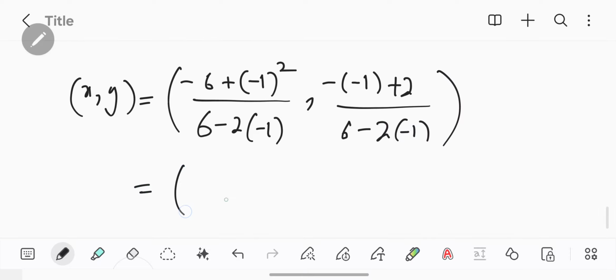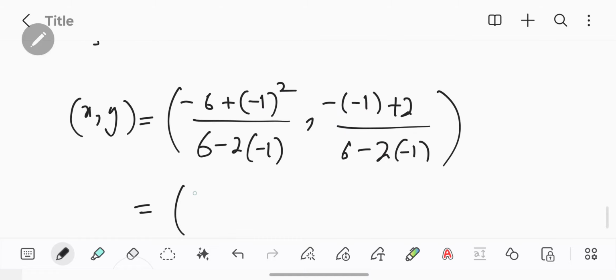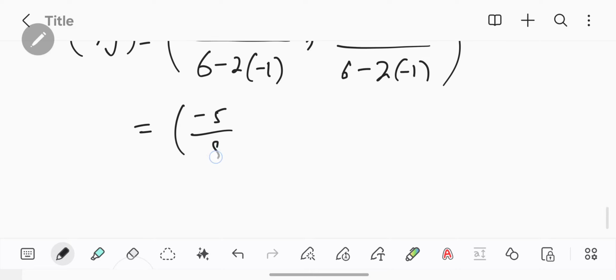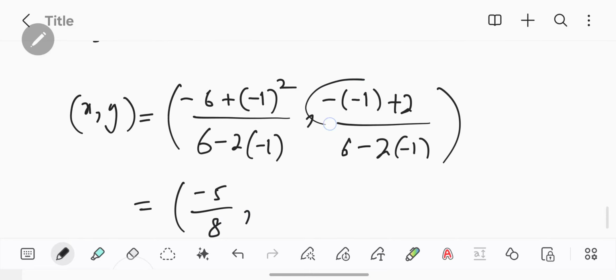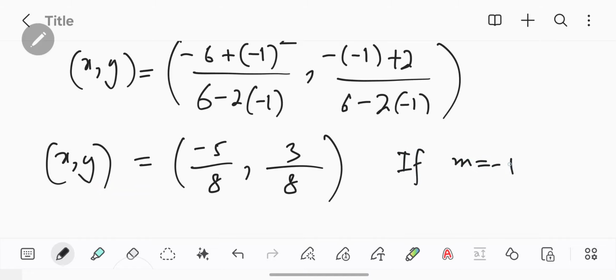If I solve these values, I will get minus 6 plus 1, which is minus 5, 6 plus 2, which is 8. And here 1 plus 2 is 3, and this is again 8. So this is the solution if m is equal to minus 1.